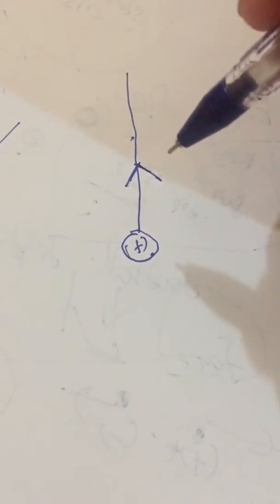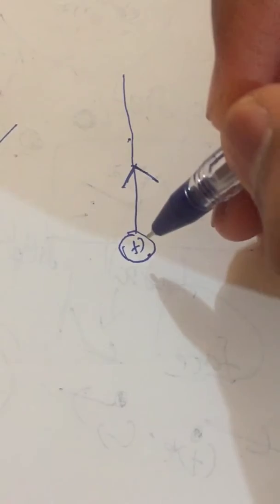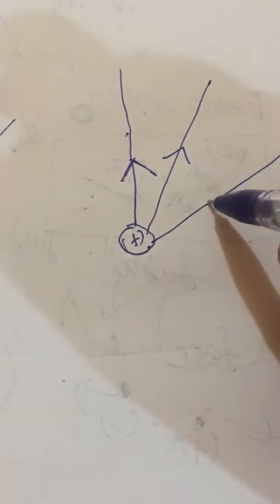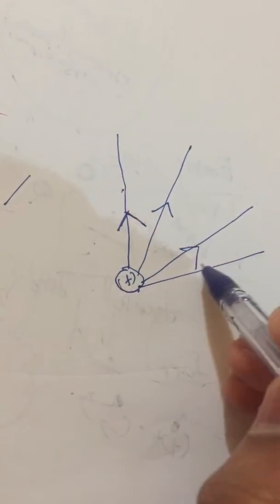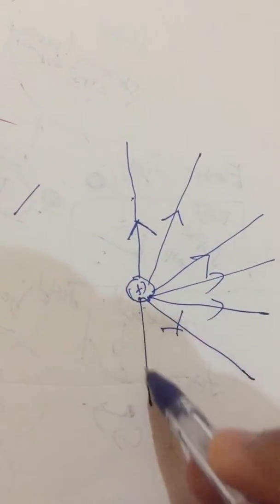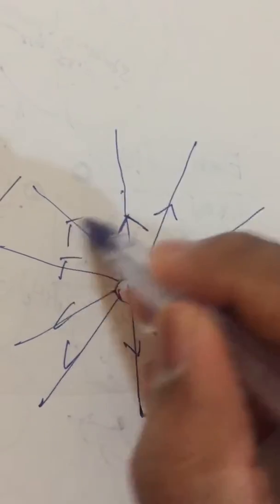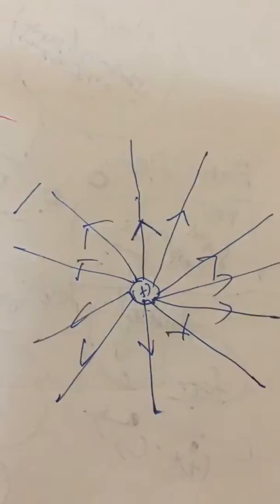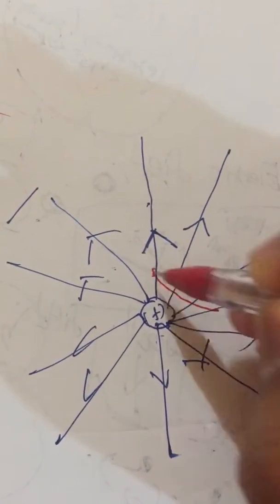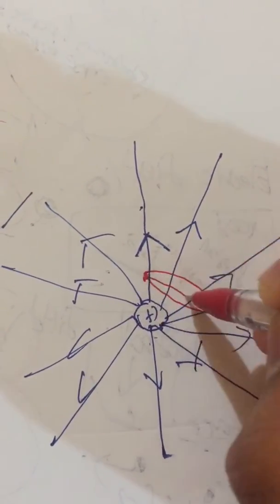Now in terms of the strength of the field, we use the gaps between the field lines to denote the electric field strength. If you look here, in this region the field lines are closer together, right?